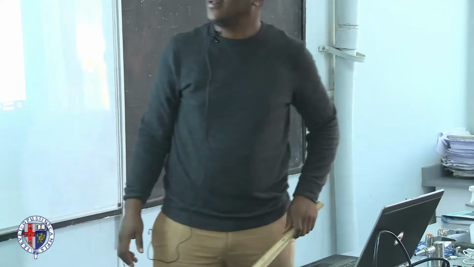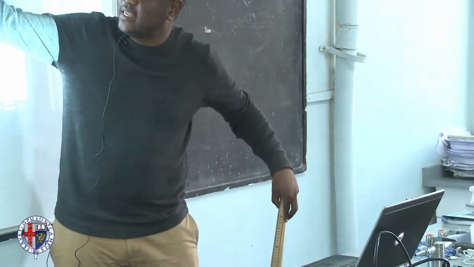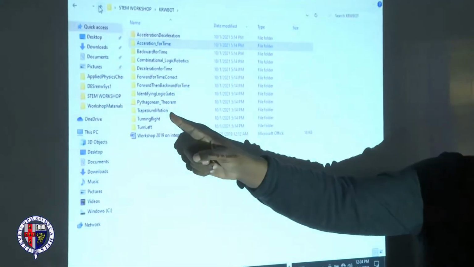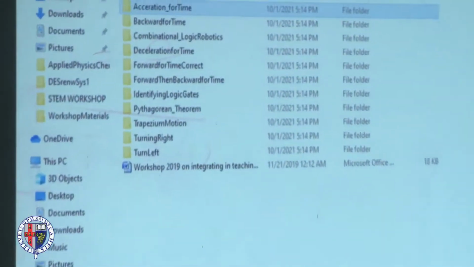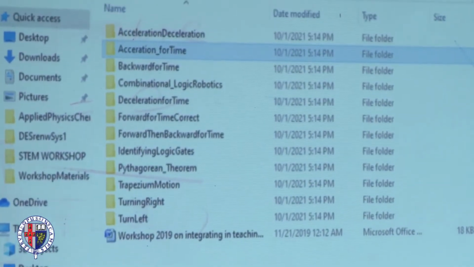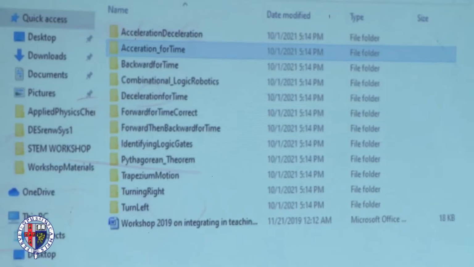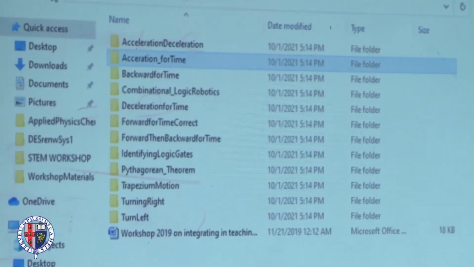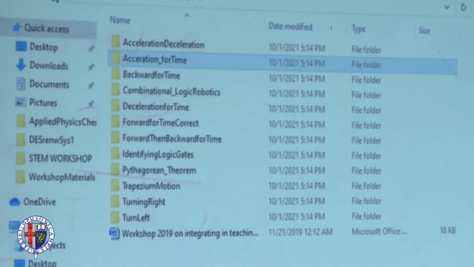Basically, all of this you'll get. For example, some of the codes, like trapezium motion, as I was telling you, have several of those already programmed. A car starts from rest, accelerates for a certain time, then moves at constant speed, then decelerates.